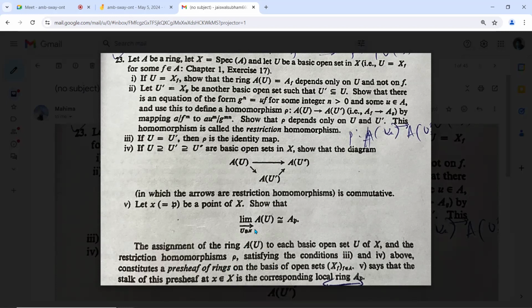Yeah, it's clear. Does this pre-sheaf thing make it even more clear that these are functions? That's up to you, right? I think it does, to me, in some sense.